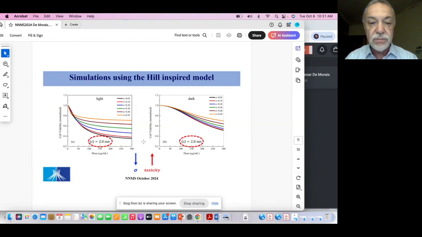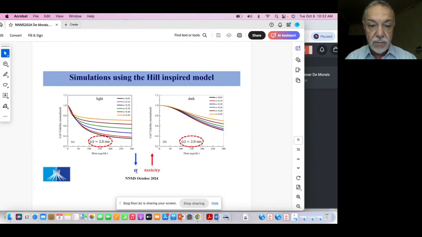For instance, here in this simulation, I fixed the mean size at 2 nanometer, which is about the typical size of this nanomaterial. And then I increase the size dispersity from 0.05 to 0.50 under light and under dark.